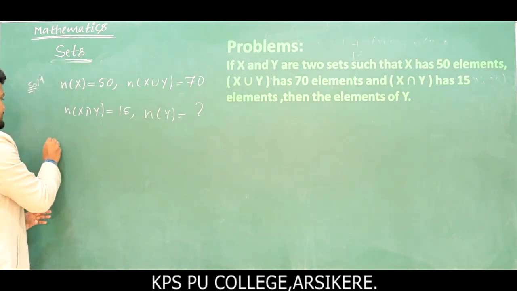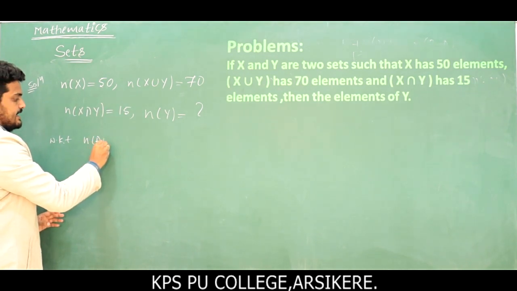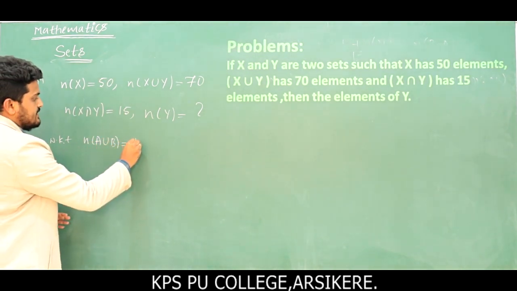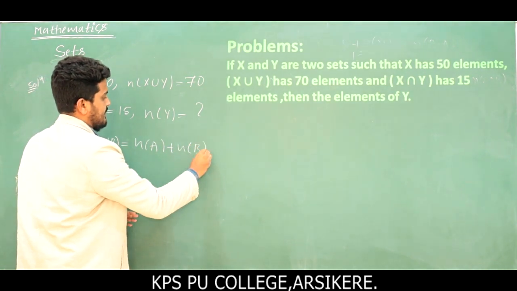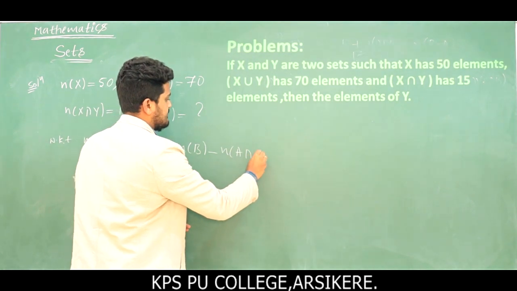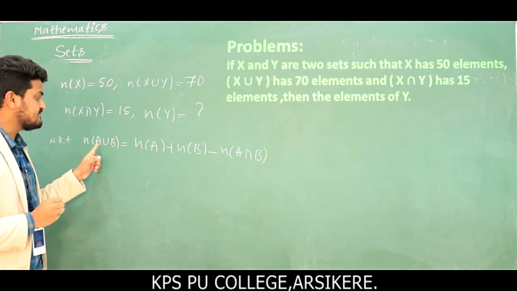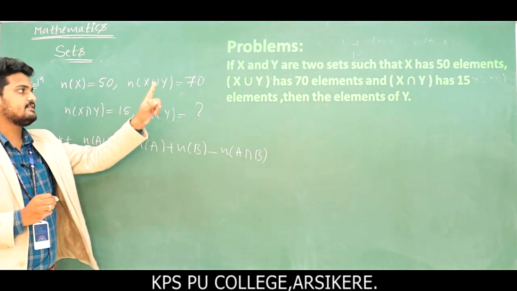So we know the formula, n of A union B is equal to what? n of A plus n of B minus n of A intersection B. In place of set A they have given x, in place of set B they have given y.